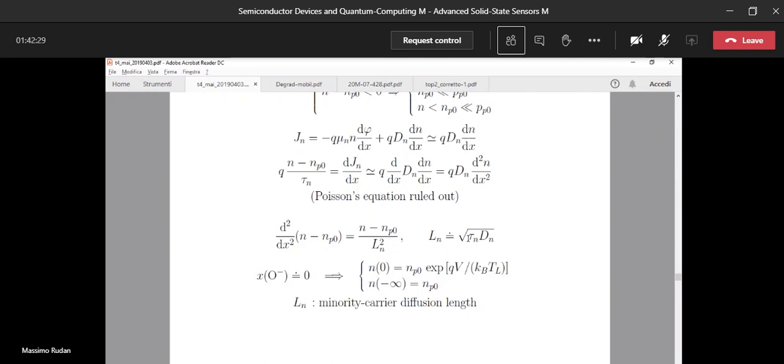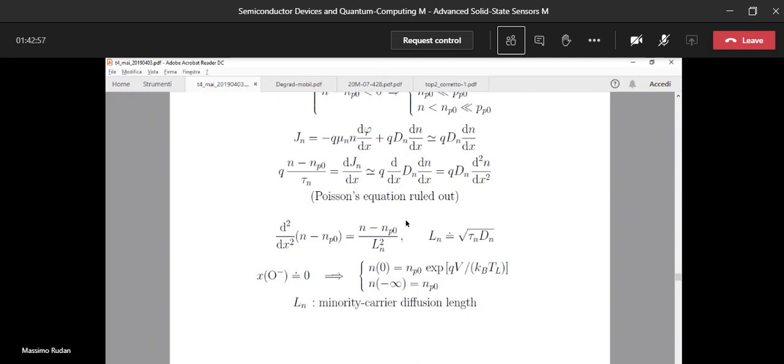In the equation, we don't have the square root, we have tau n times Dn. So we have the square of Ln in the denominator, okay? And finally, in the derivative, instead of taking n, we can take n minus np0 because np0 is a constant, so the derivative will kill it, okay?